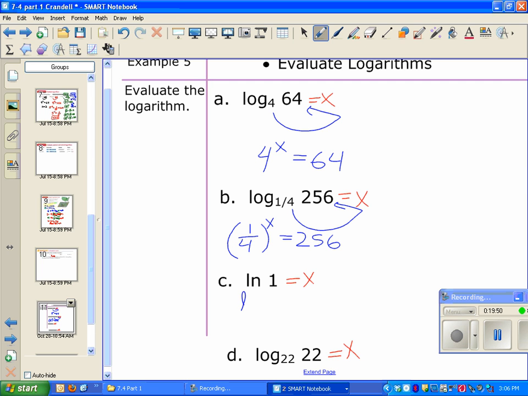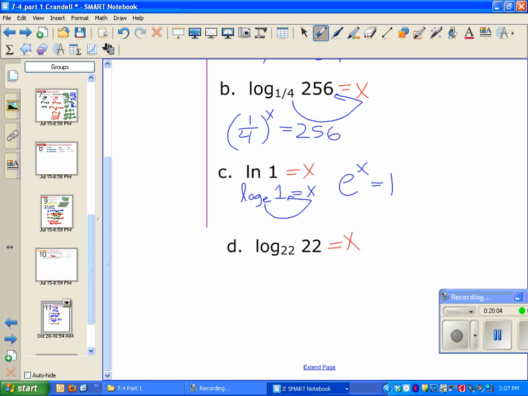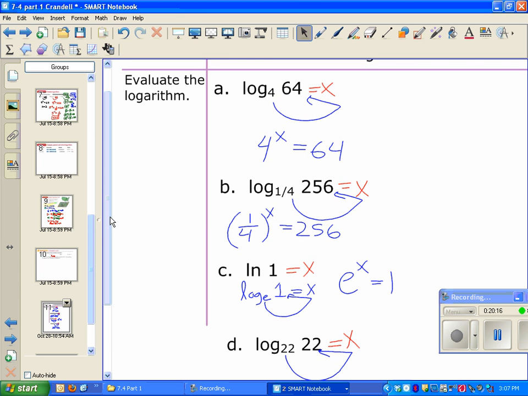So if I write this as log base e of 1 equals x, then this would be e to the x equals 1. Sometimes that helps to rewrite it in log base e. And this one would be 22 to the x equals 22. So if you can figure out most of these, pause the video and see which ones you can figure out.